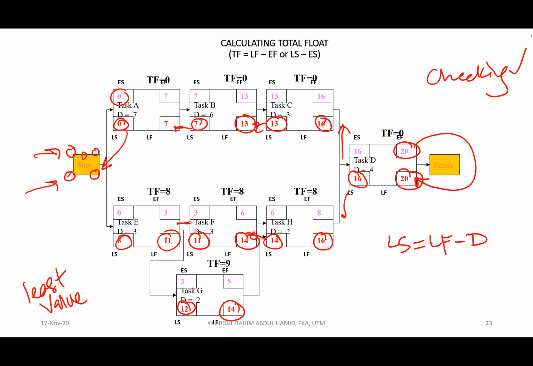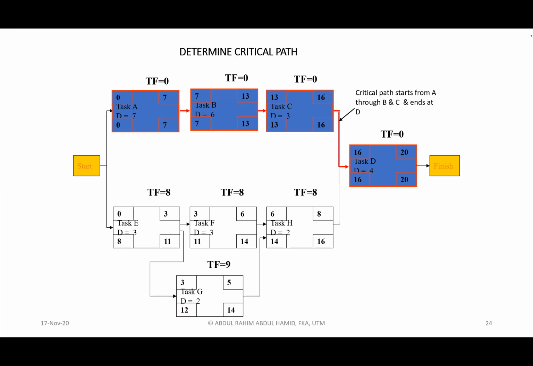Okay, lastly, total float. How to calculate total float? Simple formula: equivalent to late finish minus early finish. See, the late finish value for D is here, this one. How about early finish? It is here. You just differentiate between those values, then you already get the value of total float.